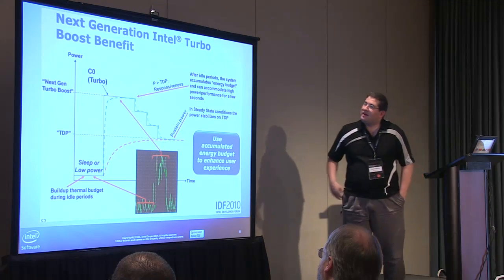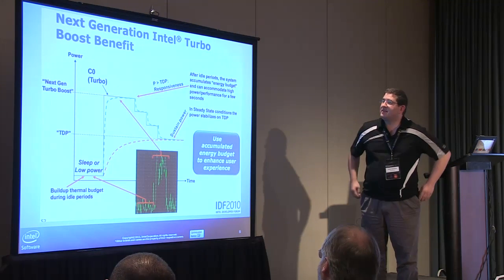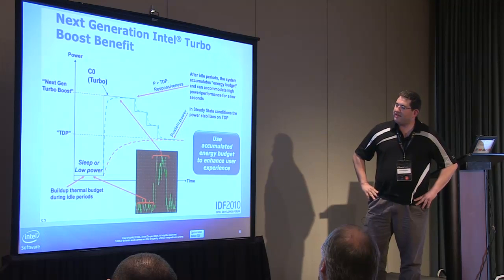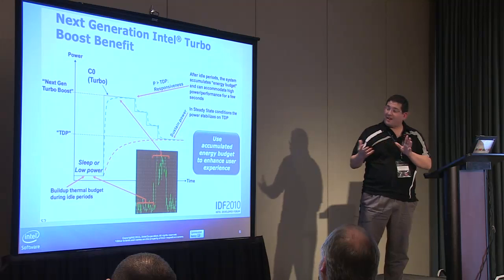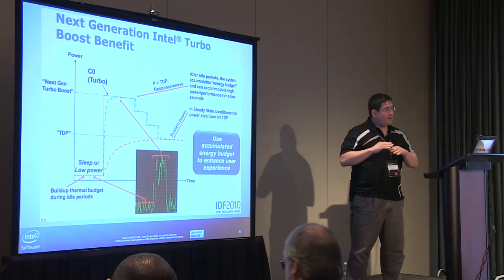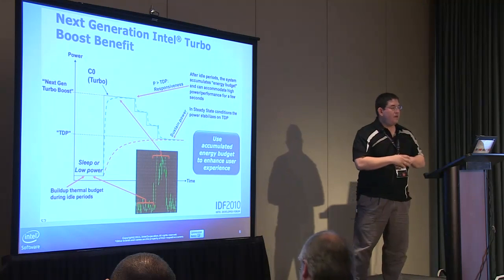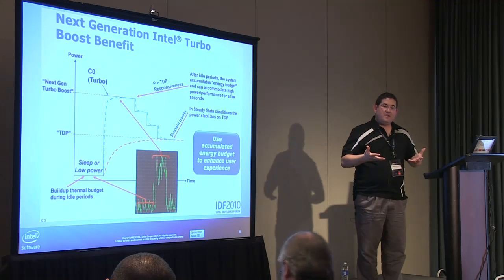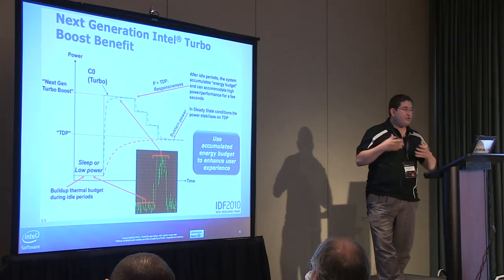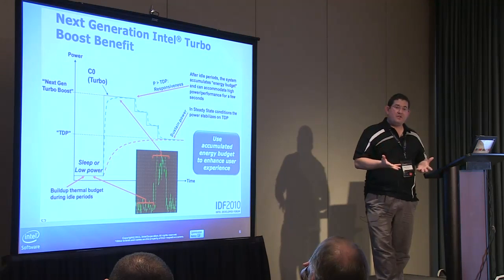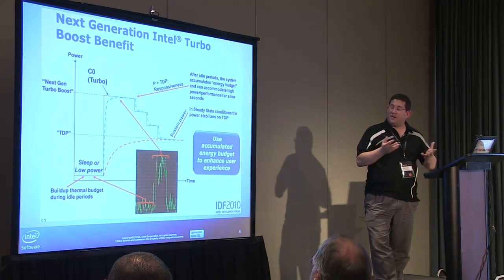So this is the look at Intel's Turbo Boost technology. Turbo Boost is a technology that lets you take advantage of the lag in between ramping up the frequency of the CPU versus how much time it takes. When you ramp the frequency of the CPU up, the thermal conditions are going to respond by rising. The heat level is going to come up.